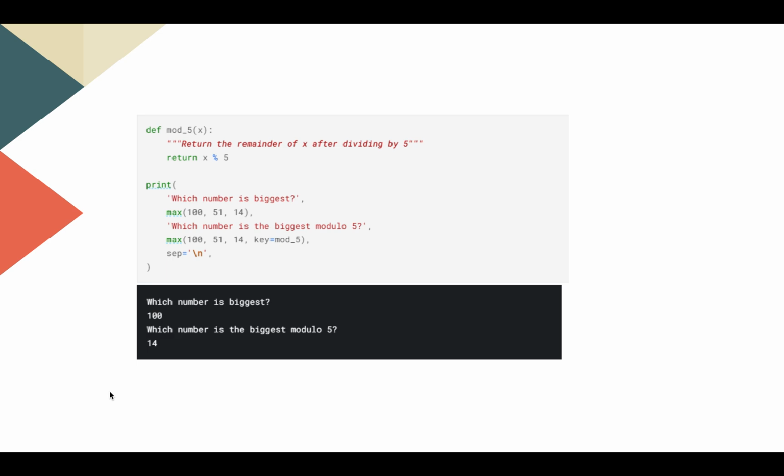In this situation, we can see that mod 5 is returning the remainder when a variable is divided by 5. Here, the remainder of 100 is 0, 51 is 1, and 14 is 4, which makes the max function return 14 as its result. As such, functions could be used to make codes short and may be used along with other functions to carry out complex calculations. And through the examples, let's try using them ourselves.